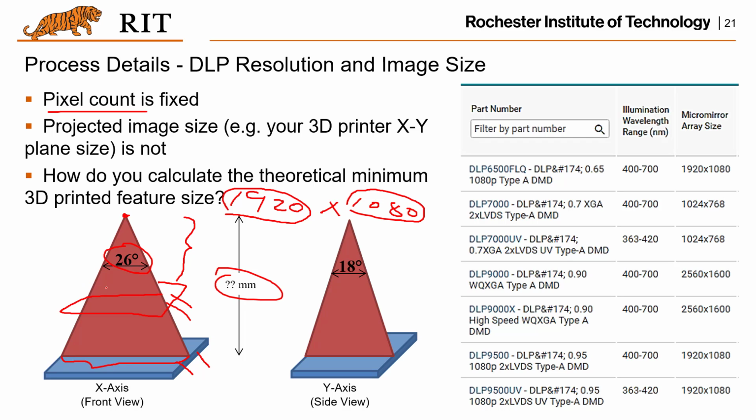That means the distance between each pixel will be different.